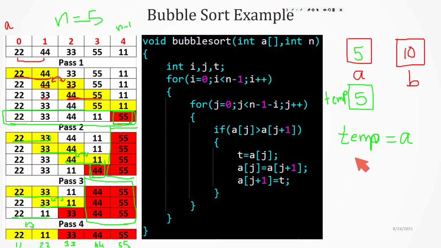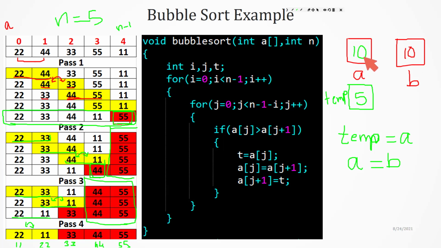Next I will perform A equal to B. The value of B will be stored in A. Value of B is 10, so 10 will be stored in A. Next, in B I must get 5, but A is updated to 10.